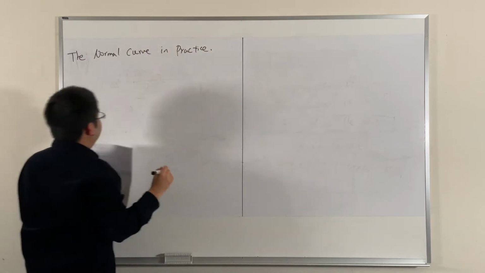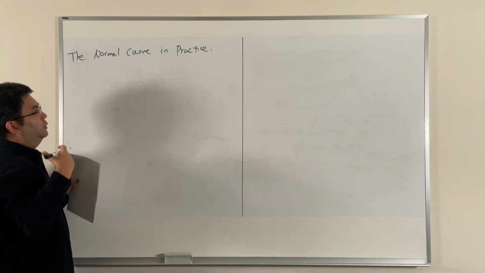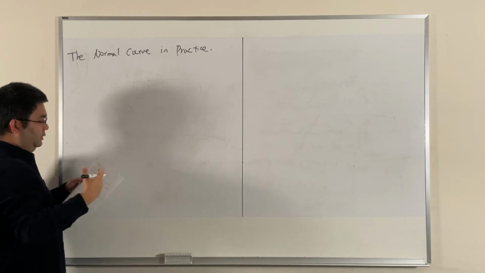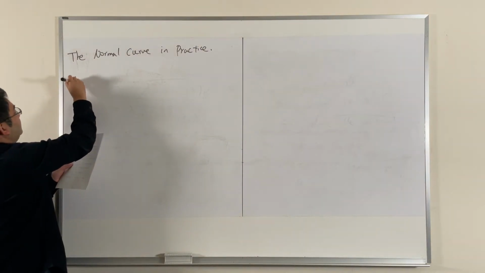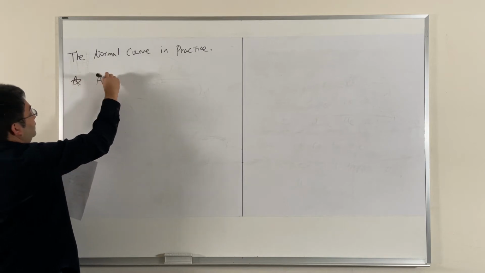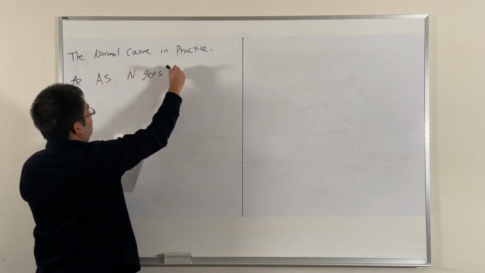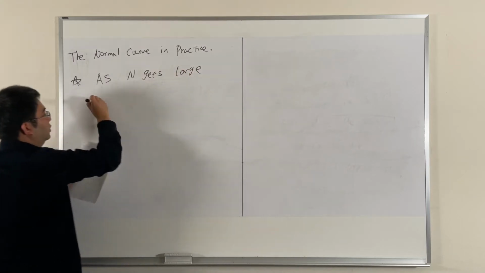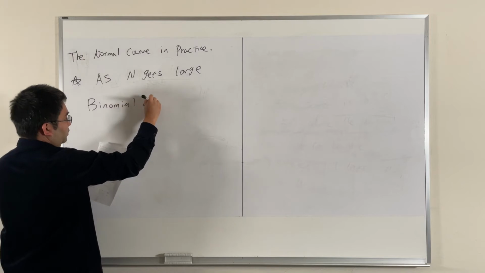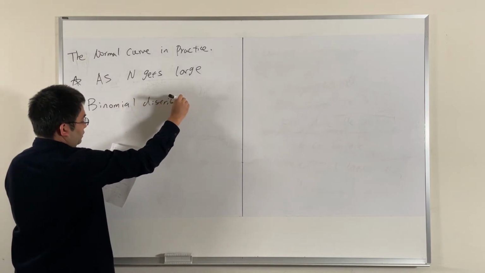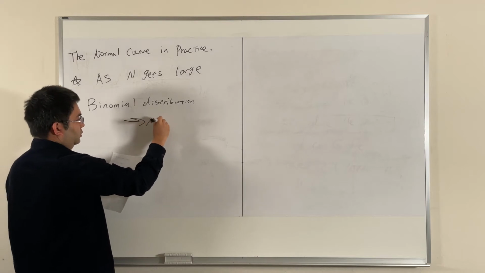Okay, so one thing that we usually do to use normal to help us solve is the binomial distribution. As your sample size n gets large, your binomial distribution kind of becomes a normal distribution.